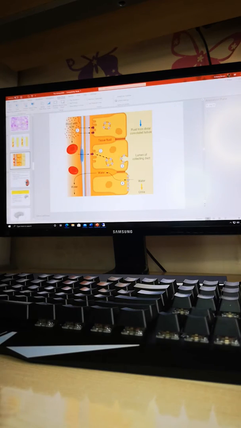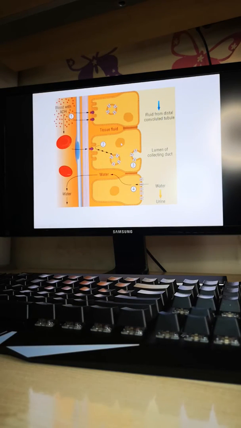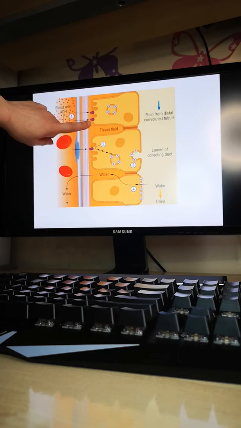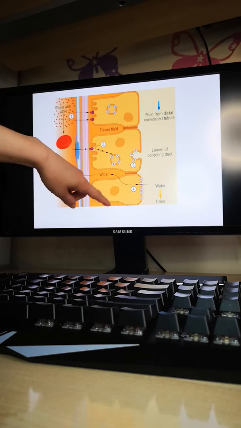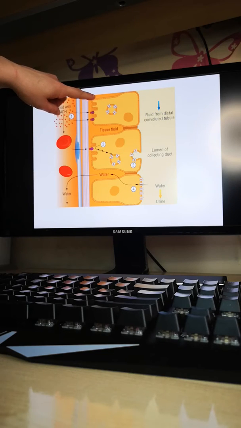So I have included this picture in your keynote, which shows that in steps. So ADH is released into the blood, binds to receptors on the surface of the collecting duct wall or the convoluted tubule wall.